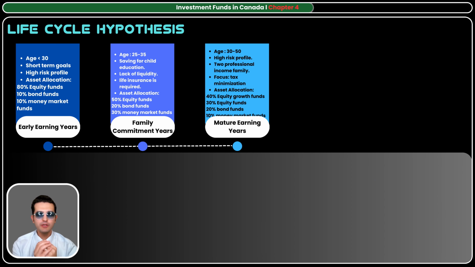40% on equity growth funds. Equity growth funds is one type of equity funds, like the riskiest type of equity funds. So they will invest 40% on equity growth funds, then 30% on just typical normal equity funds, 20% on bond funds, and 10% on money market funds.